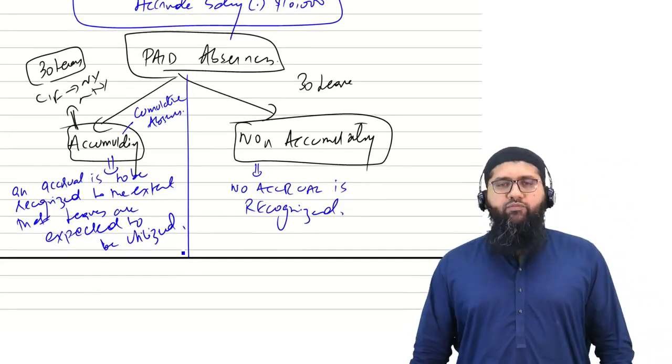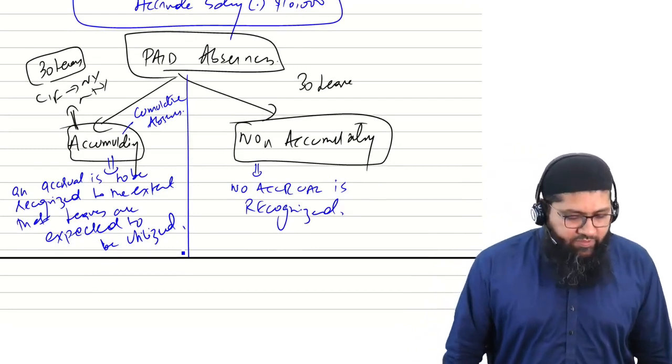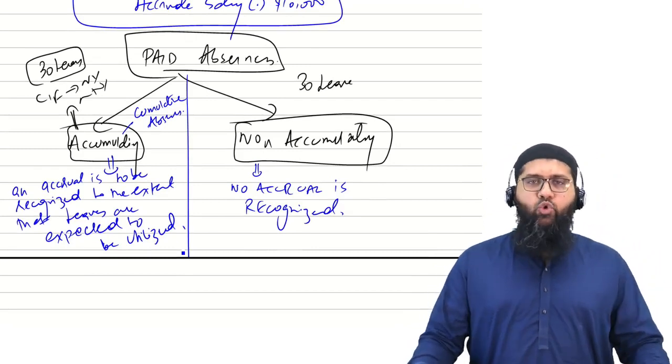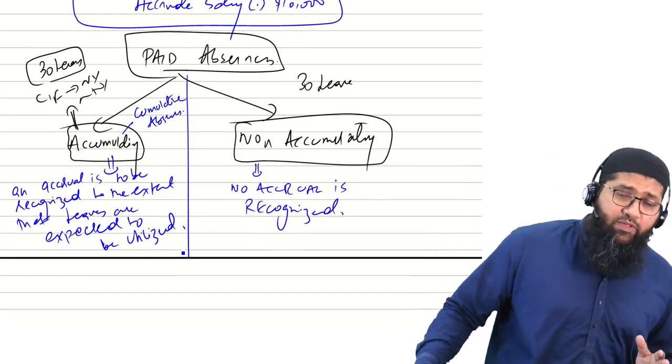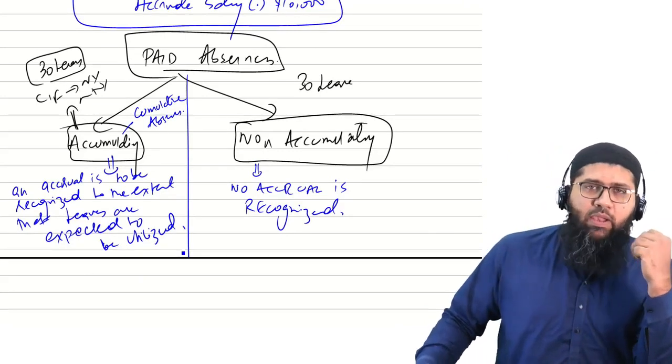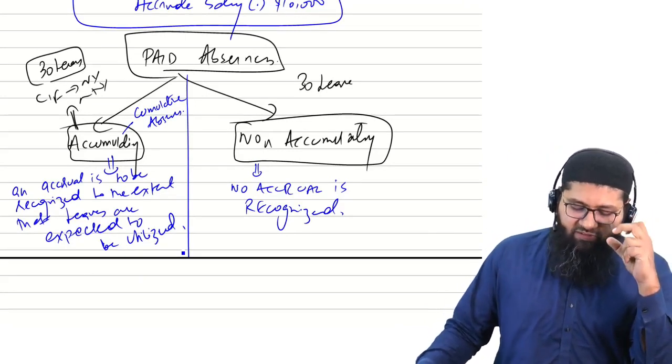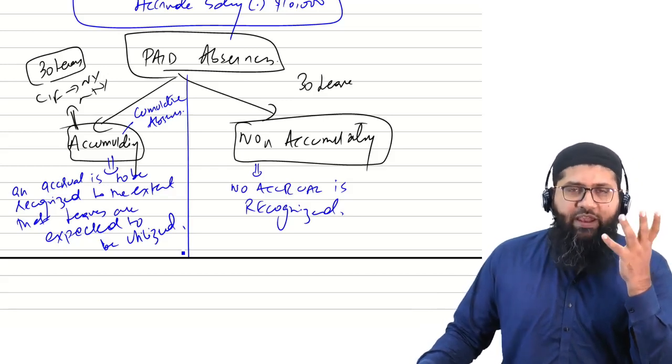So for accumulating absences, you need to recognize an accrual equal to the extent that such leaves are expected to be utilized.